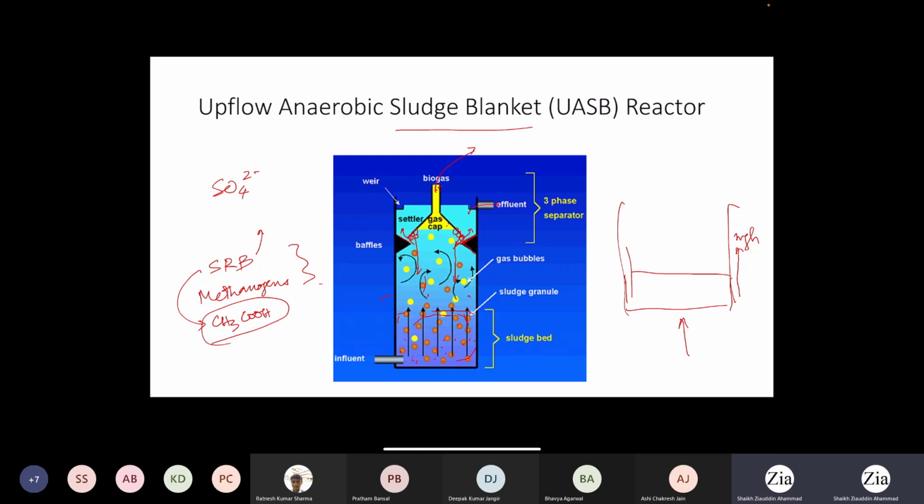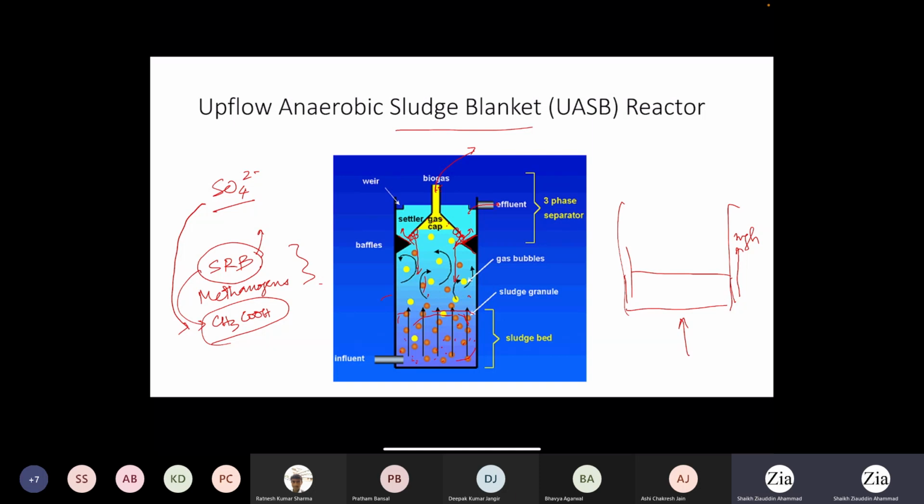When you have substrates like sulfate and acetate, because for growth of SRB, sulfate is required and acetate is also required. So whenever you have sulfate and acetate at a specific concentration, SRB will try to dominate the system. And sometimes this overpowering of methanogens actually destroys the anaerobic reactor.